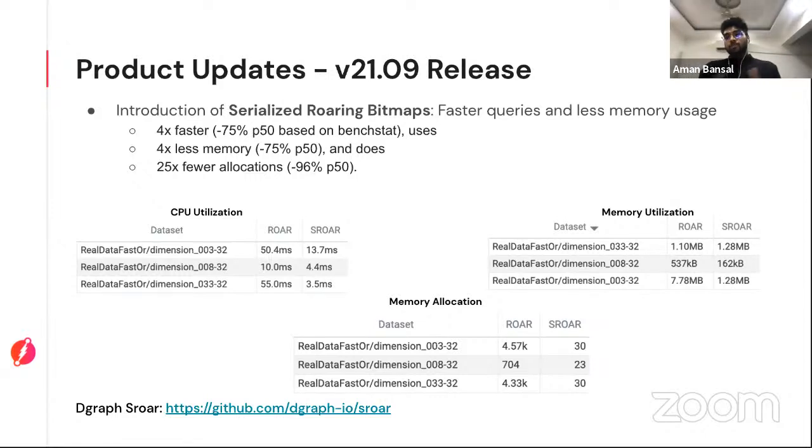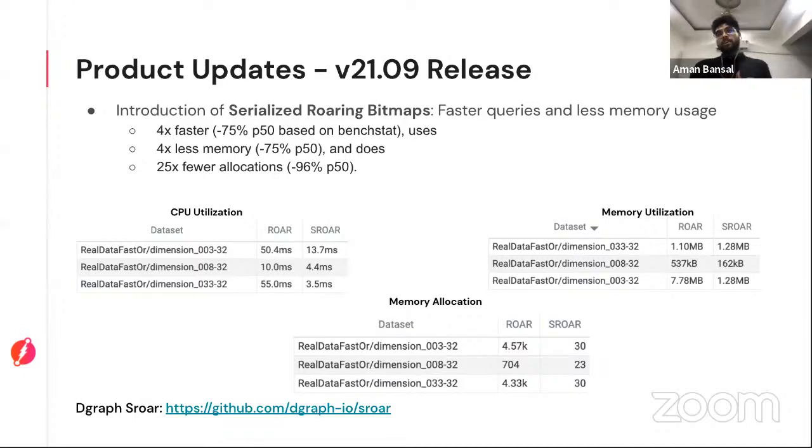Then we started to implement the roaring bitmaps, but when we did integrate, we found that the serialization which the original package has is not quite performant enough for our use cases. So we set out to build the serialized roaring bitmap, and what we found was that the approach we designed was 4 times faster. It uses 4 times less memory, and does 25 times fewer allocations.